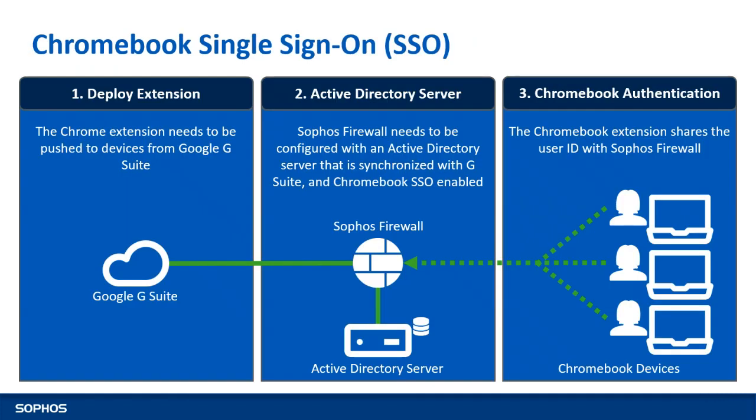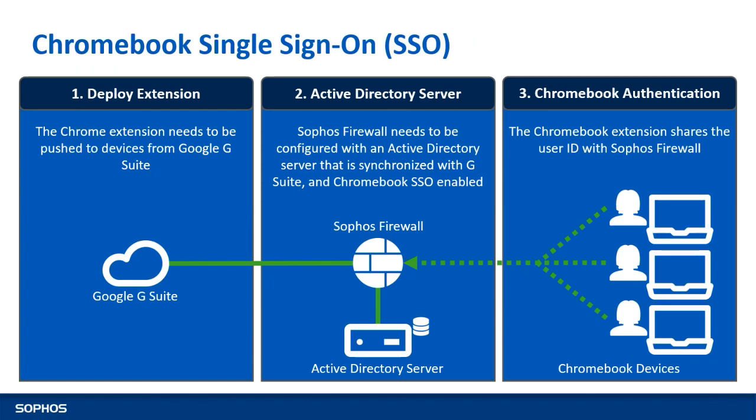Chromebooks are increasingly popular in education and some corporate environments, but they create a unique set of challenges for user identification with network firewalls. Sophos Firewall provides a Chromebook extension that shares the Chromebook user ID with the firewall to enable full user-based policy enforcement and reporting.